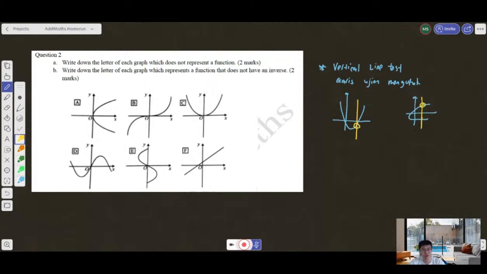This one touches 2 points. If it touches 2 points, it is not a function. If it touches 1 point, it is a function. This is very important, it usually comes out in paper 1. Another one, we have the horizontal line test, in Malay garis ujian mengufuk.